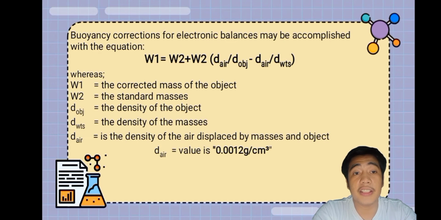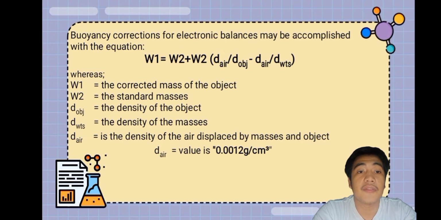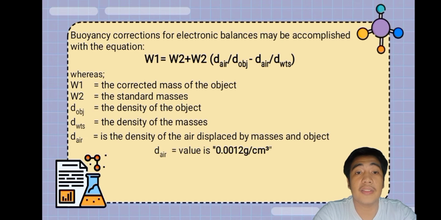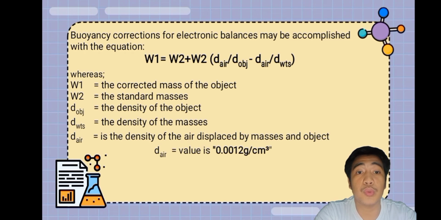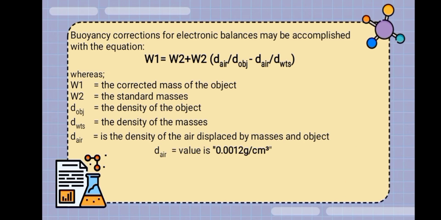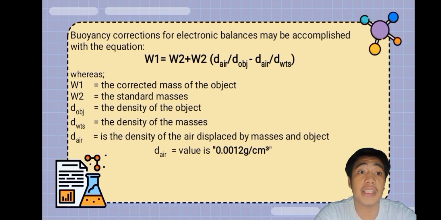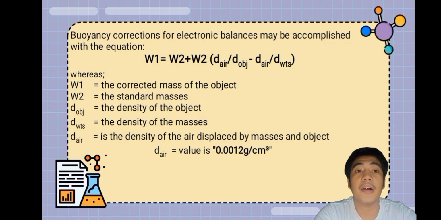For accomplishing the buoyancy corrections for electronic balances, we use this equation. W1 is equal to W2 plus W2 multiplied by the difference between the quotient of d air over d object and the quotient of d air over d WTS.